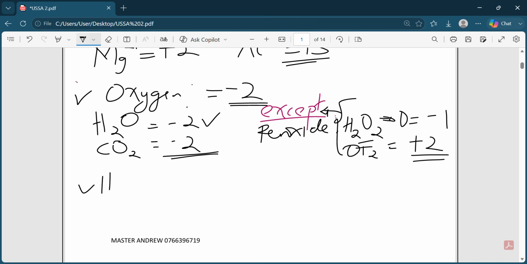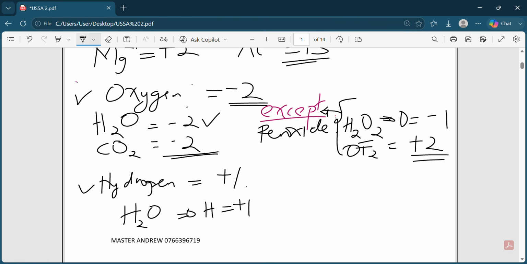Hydrogen, on the other hand, will always have the oxidation state of +1. Even if we are having it with water, it would also have an oxidation state of +1. Alright?